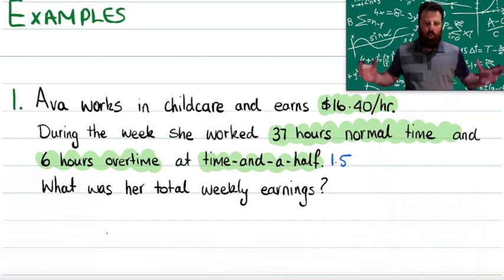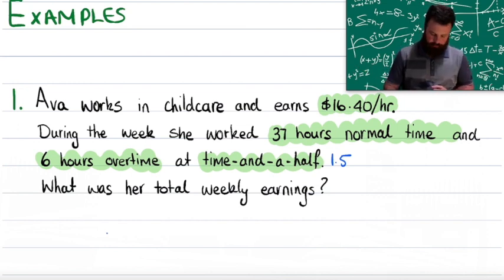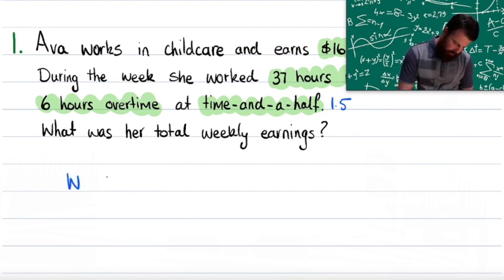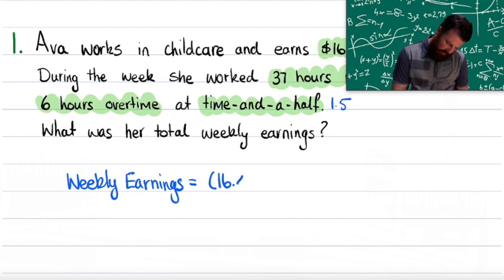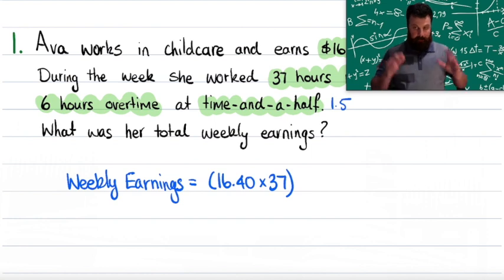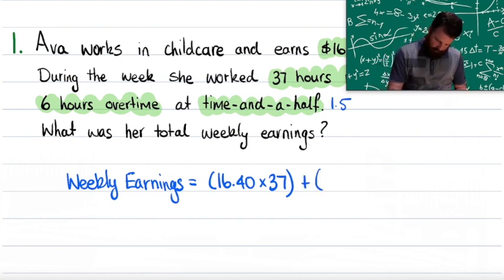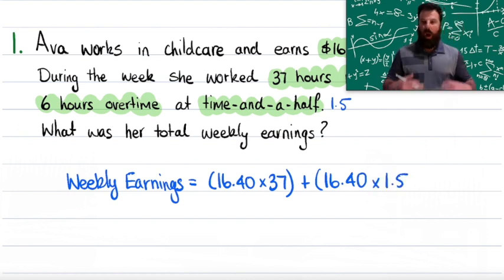We're asked to find what her total weekly earnings were. So her weekly earnings are going to equal, and I'm going to do this in brackets and add them together, $16.40 for 37 normal hours plus $16.40 times the overtime rate, 1.5, time and a half, and she did that for 6 hours.